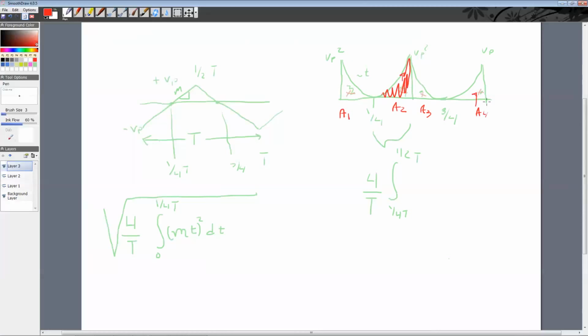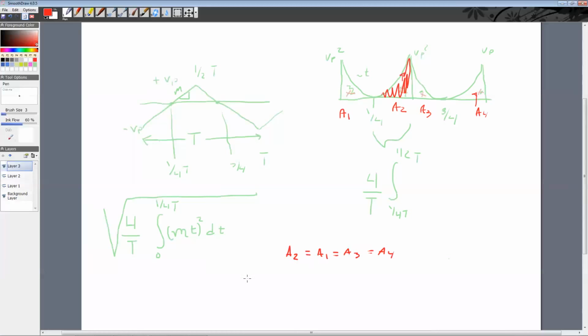I know I have drawn it that way, but they are equal to each other because this is symmetric. It's minus VP plus VP. If I square it, it's going to come down. I square that, it's going to come up, come back down, and then come back up, right? So I'm only going to do one of these areas, but I'll put it this way: A2 equals A1 equals A3 equals A4, right?